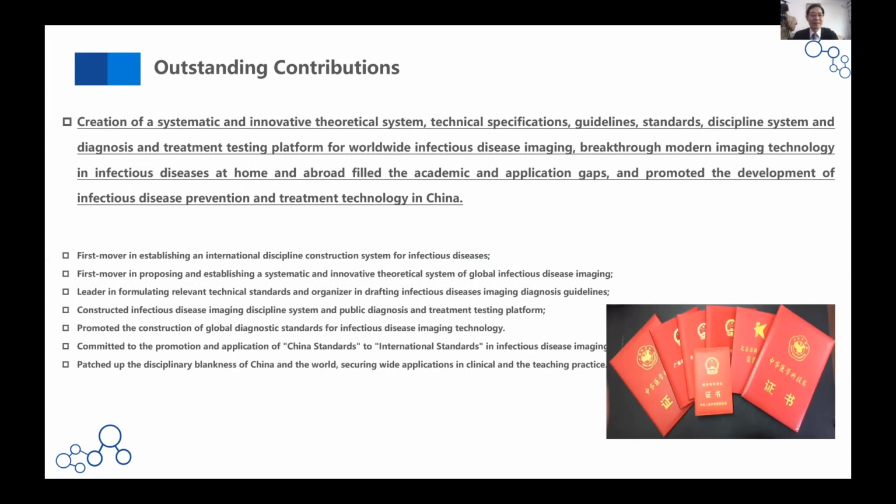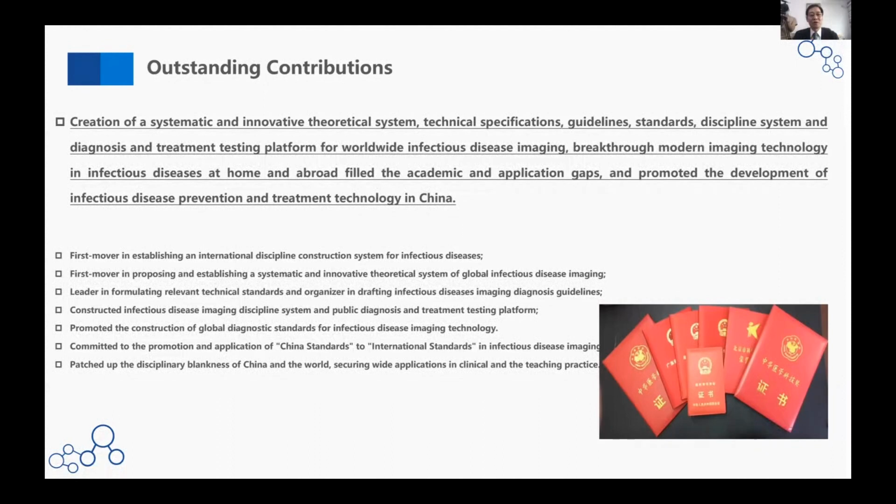It breaks through modern imaging technology and the academic and application gaps in infectious disease at home and abroad, and promoted the development of infectious disease prevention and treatment technology in China.